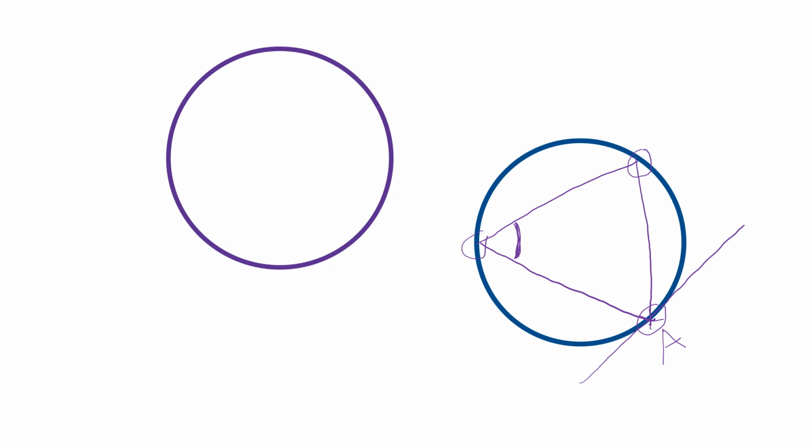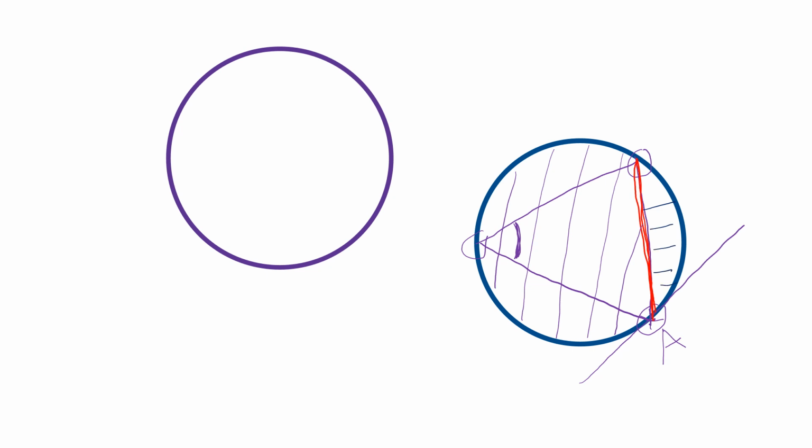then this angle, if you're going to use this chord to separate the circle, we actually have two segments. This one is called the major segment, and this is called the minor segment.